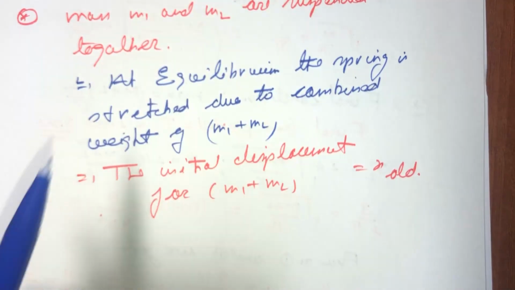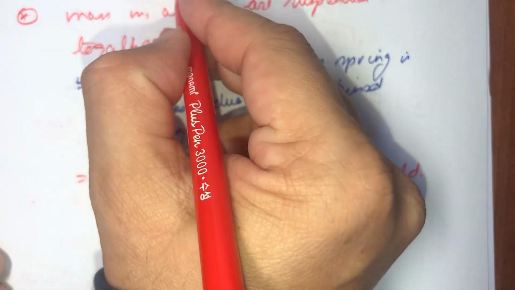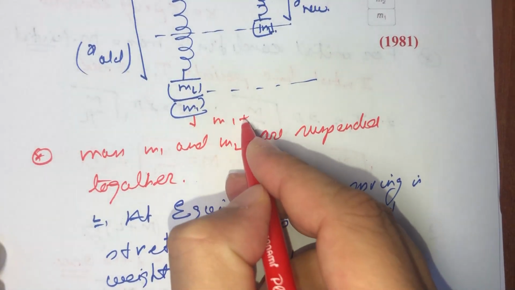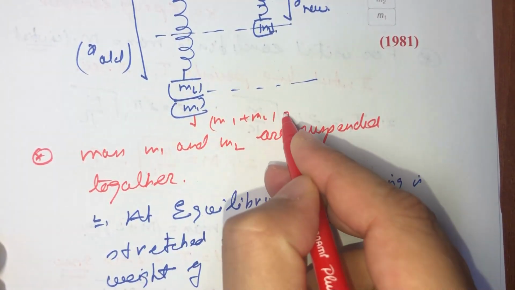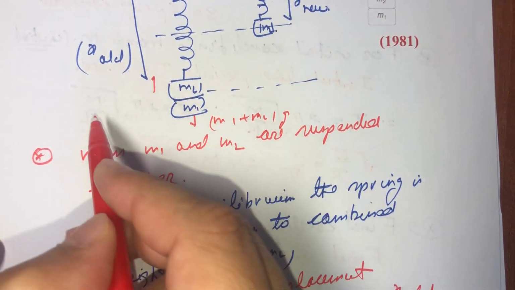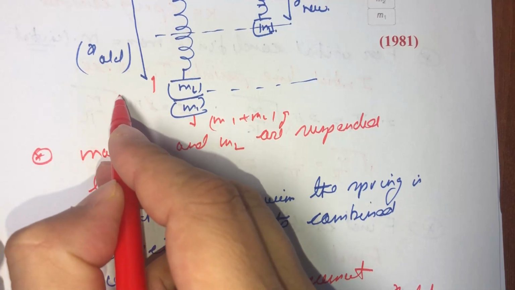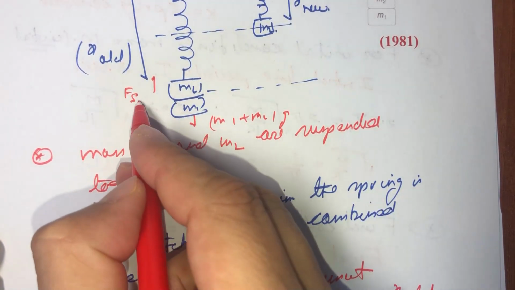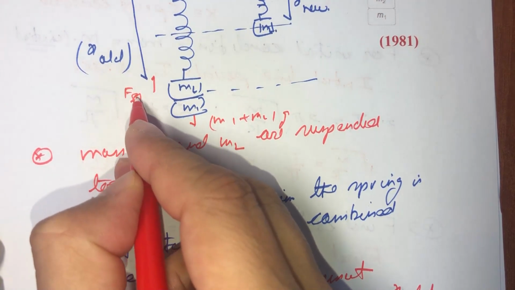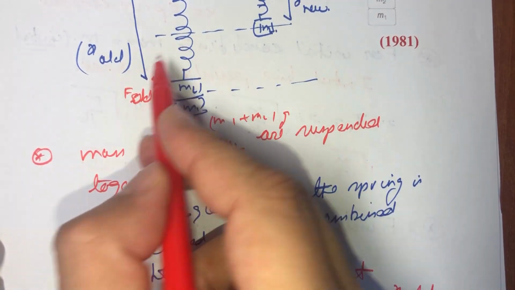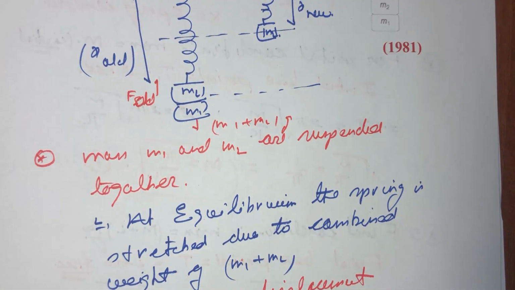In the downward direction we have m1 plus m2 multiplied by g, and in the upward direction we have a force, let us call it F old, which equals spring constant k multiplied by x old.